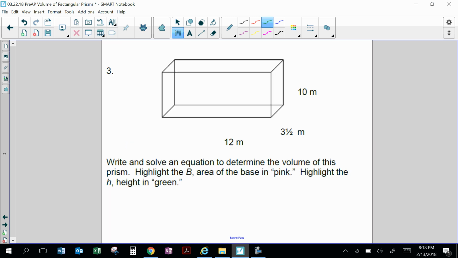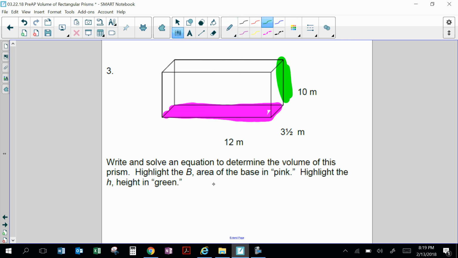Number 3. Write and solve an equation to determine the volume of this prism. So highlight the B, area of the base, in pink. I'm going to use a highlighter. Highlight this one base in pink and highlight the height in green. And the height is this. It says write an equation.